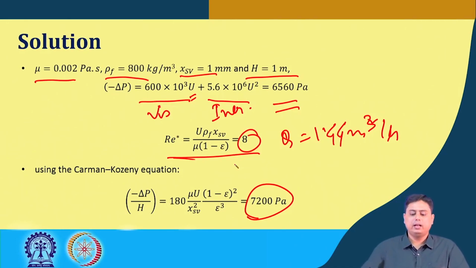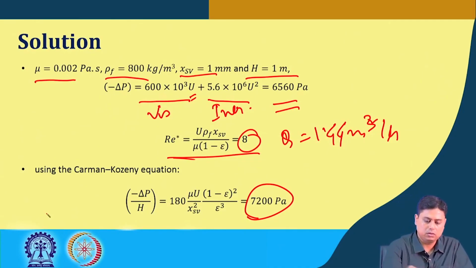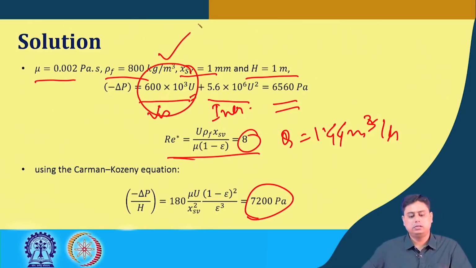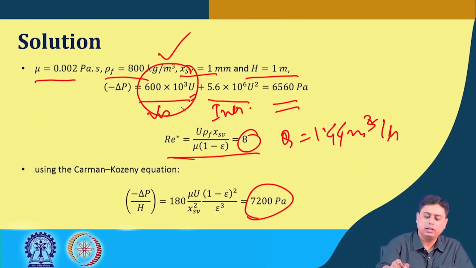In fact, after calculating this particle Reynolds number, one could have used only the first part of the Ergun equation, only the viscous part, neglecting the inertia part, because in laminar flow the viscous term makes most of the contribution.